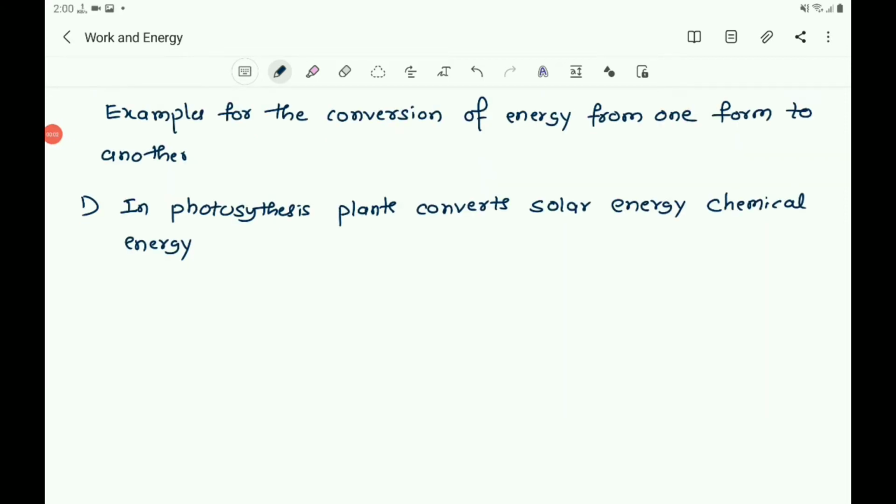And also the movement of air is because of solar energy. That solar energy is converted into kinetic energy or mechanical energy. Know how air moves from one place to another? Air moves because the sun generates heat on the earth. This causes hot air. Hot air rises, creating wind.